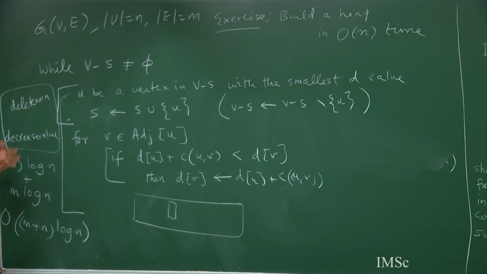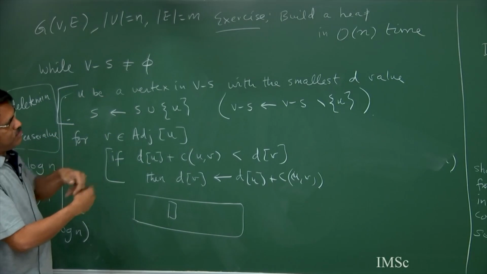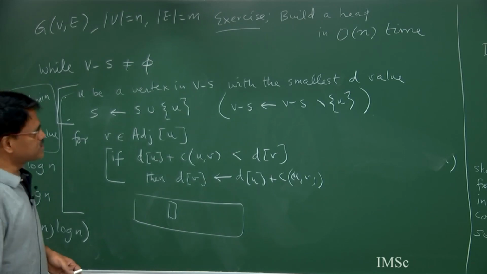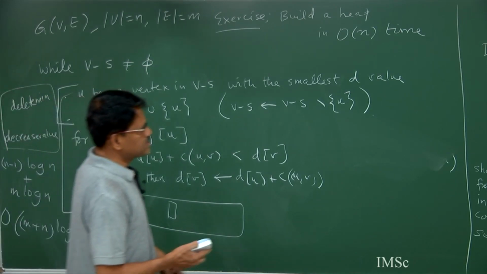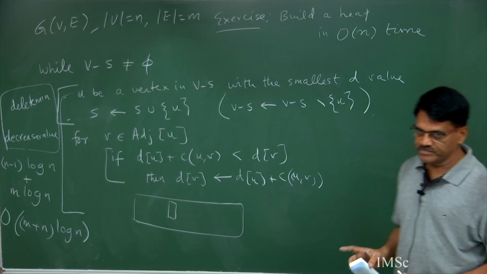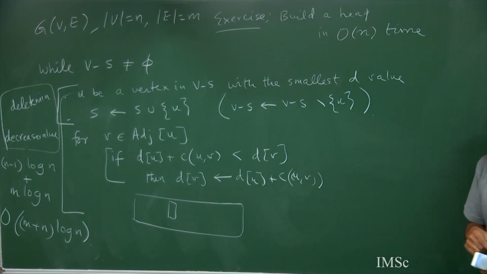In the worst case, one decrease key may take a long time, but if I can do a sequence of decrease key operations faster, I will be able to improve the runtime. Okay. So, we will march towards such a data structure where the goal is to improve the amortized complexity of these operations. In particular, we will see that we can improve the amortized complexity of decrease key to a constant.